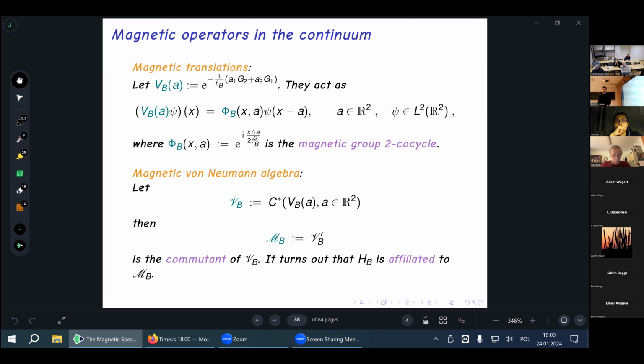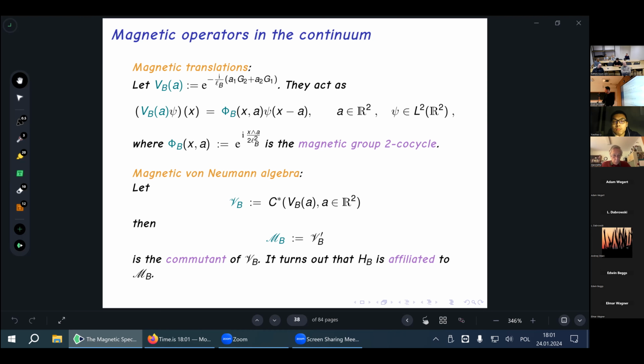I would like to explain why I prefer to do that. I want to construct an algebra which contains my relevant operators, the magnetic operators. I take this magnetic translation and create the C-star algebra generated by it, and I declare that the algebra of interest is the algebra of all bounded operators on L2 over R2 which commute with this magnetic translation.